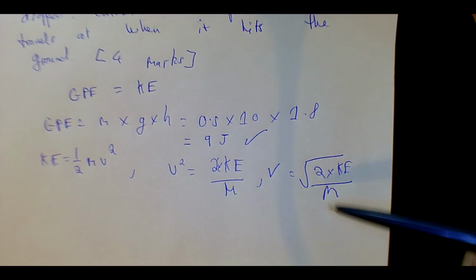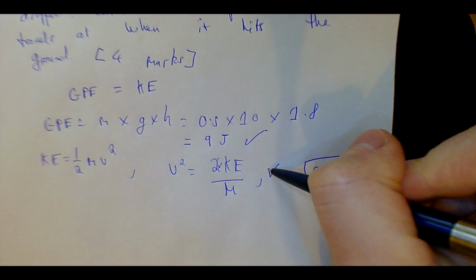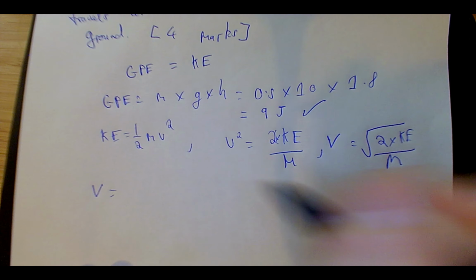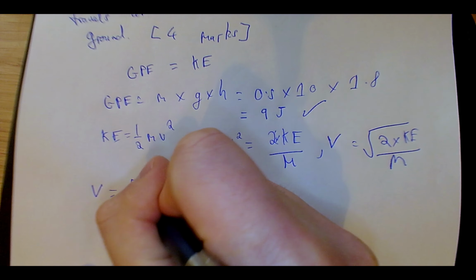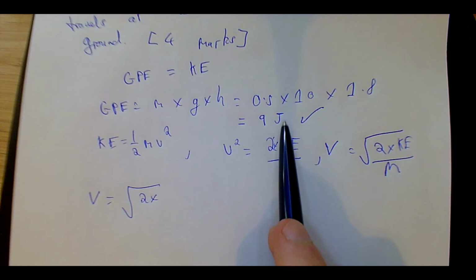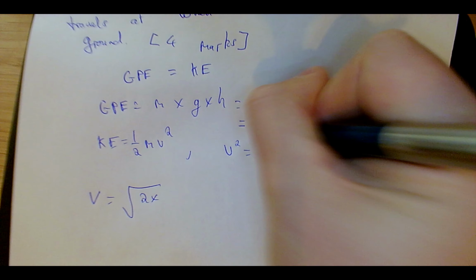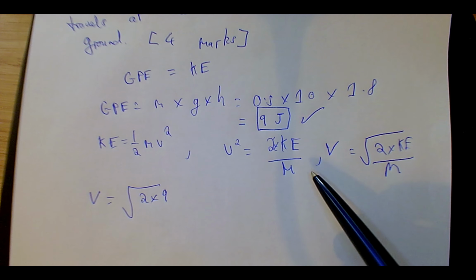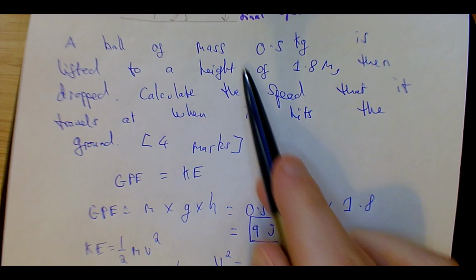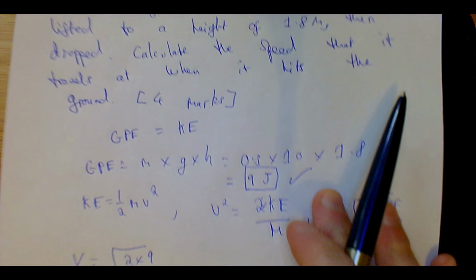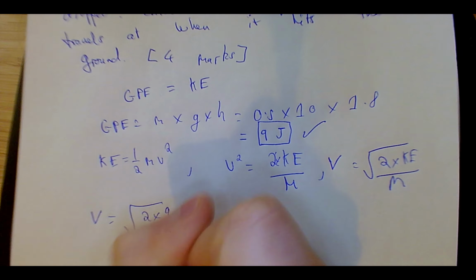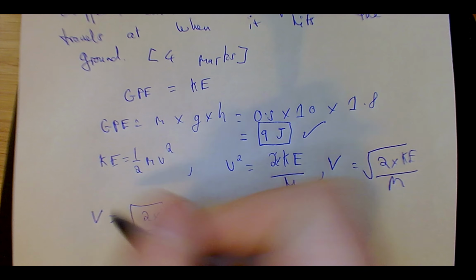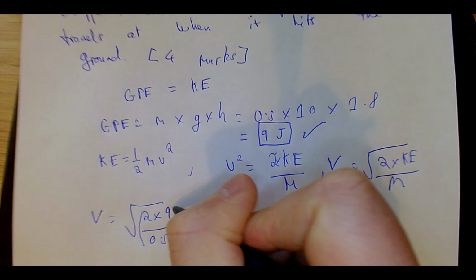Now we're at the point where we can just substitute in the values. Our velocity equals the square root of 2 times our kinetic energy, which was 9 joules, so 2 times 9, divided by our mass. Let's go back and remind ourselves what our mass is. Our mass is half a kilogram. So it's 2 times 9 divided by 0.5, and we want to do all of this first.